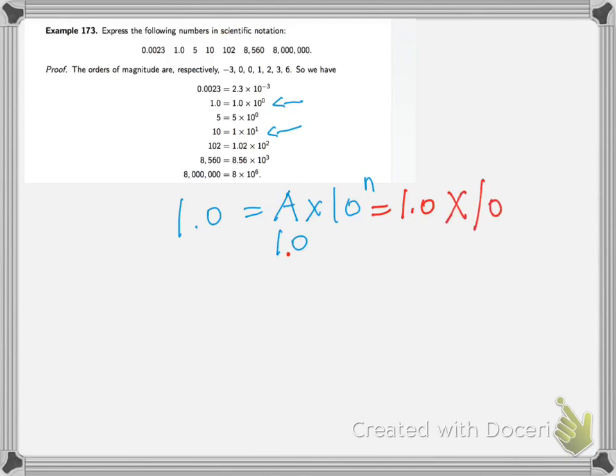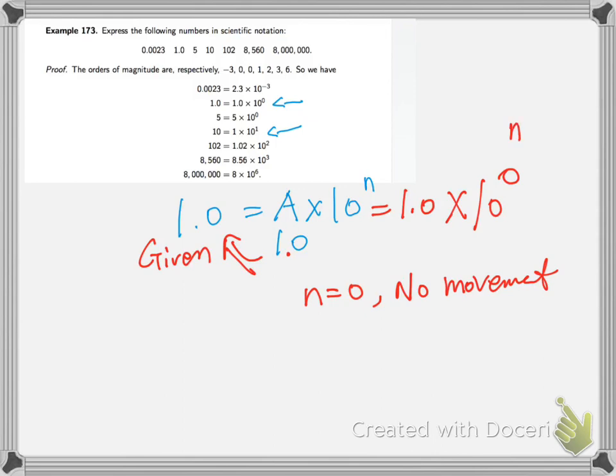Now what's the movement? N is the movement of the decimal point in A to reach the given number. They're the same number, so we don't need to move at all, so n is 0. N is 0 means no movement. So here it is 10 to the 0 power.